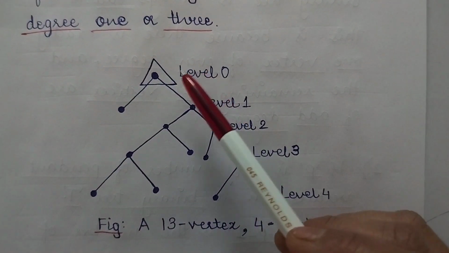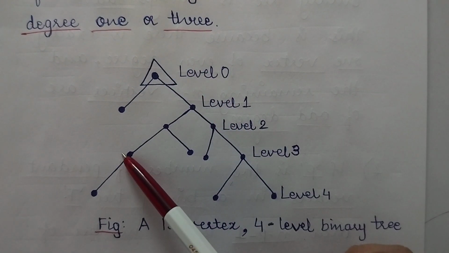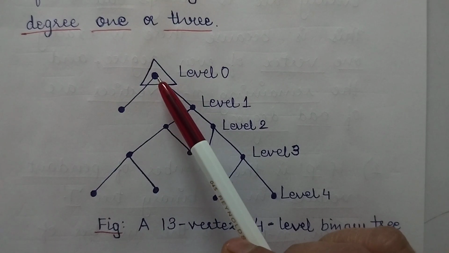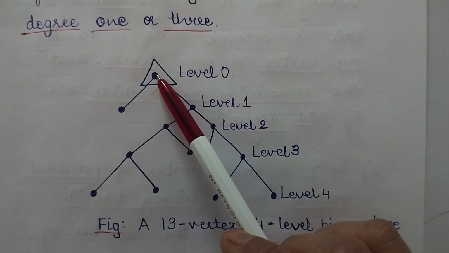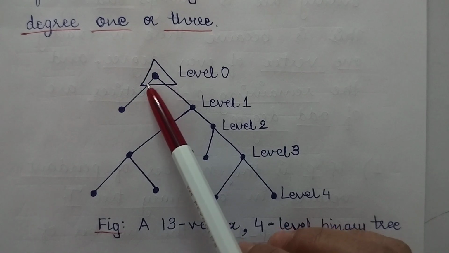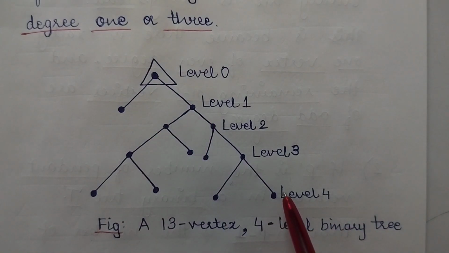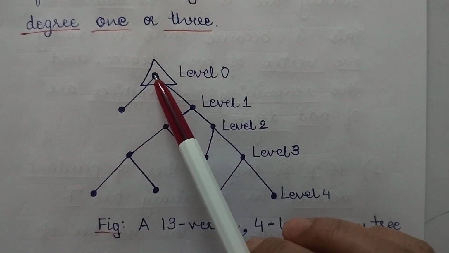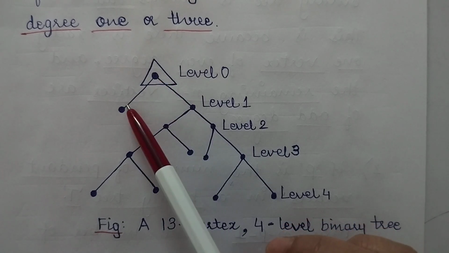Here you can see a binary tree, right? First of all, it is a rooted tree. You can clearly see this is the root vertex of the tree. You can clearly distinguish this vertex from all other vertices. First of all, this is the vertex from where all vertices are branching out. Then this is the only vertex in the binary tree which has degree 2.